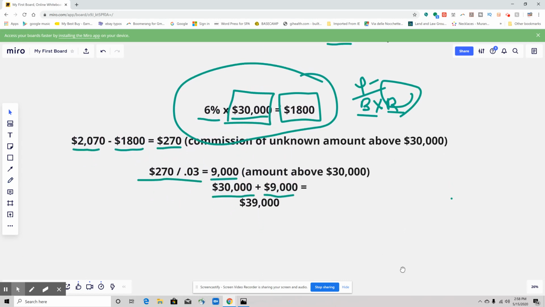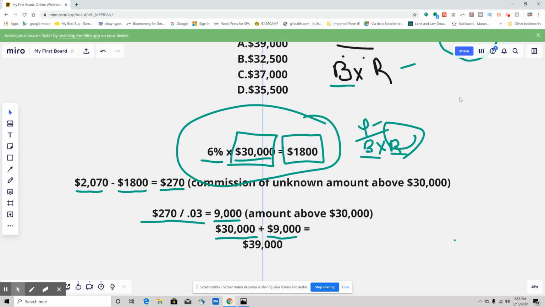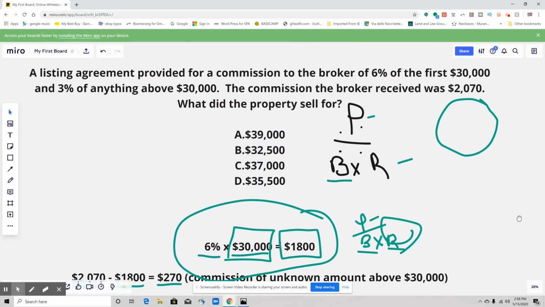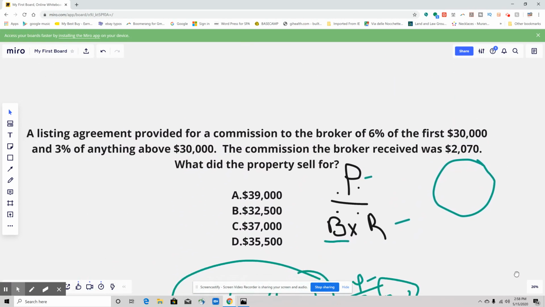Okay, so watch this. Let's go back up here and see how we did this. Remember when we started, we said, I want to solve for a part over the base times the rate. And I said this is a little more complicated than a traditional one. So here we go. The base was the answer we were looking for all along.